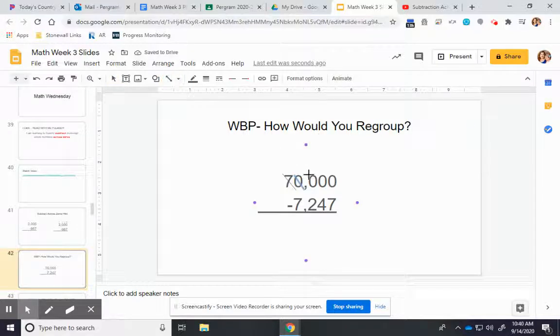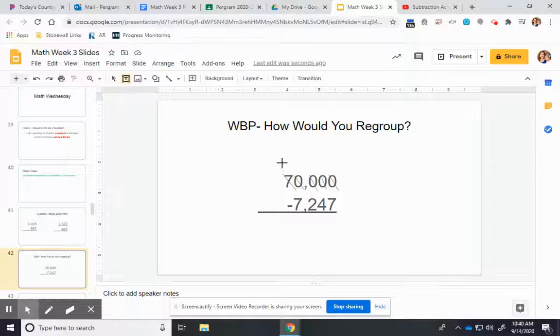So we've borrowed from the 7. We're going to have to borrow from each of these zeros all the way down until we get to the last 0. So I have all of my zeros marked out and my 7 marked out. I am ready to regroup.